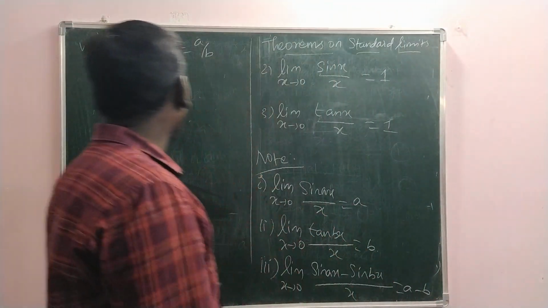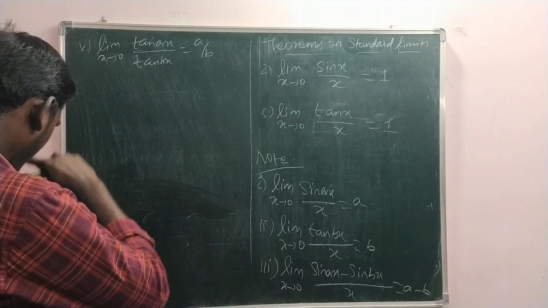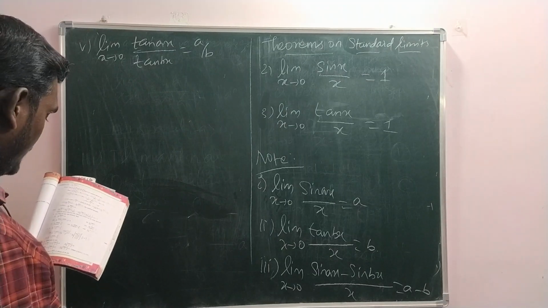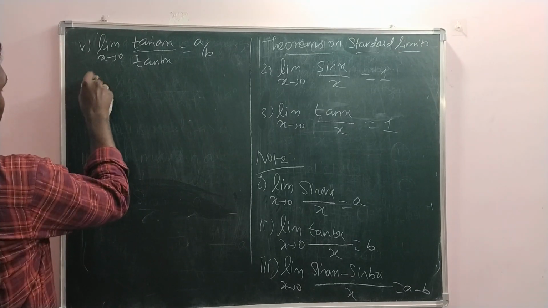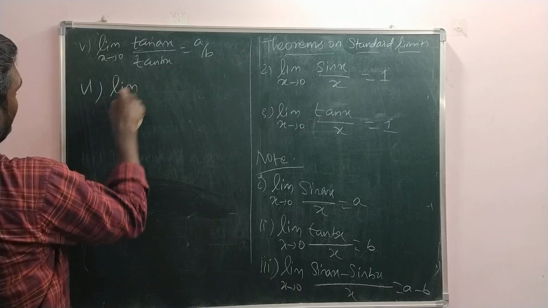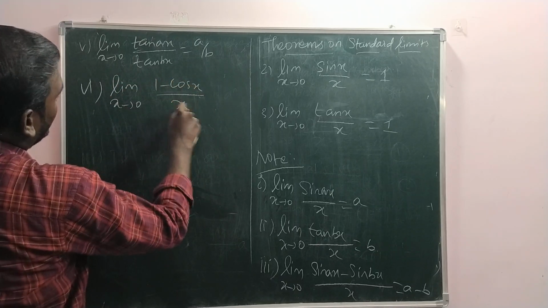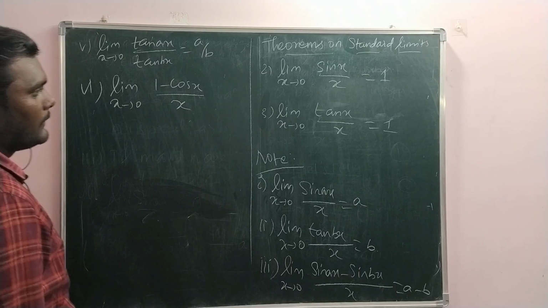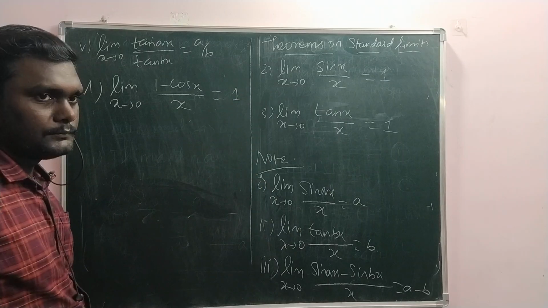What is sin ax by sin bx? It is a by b. That's all. And limit x tends to 0, (1 - cos x) / x. That also will be equal to 1.